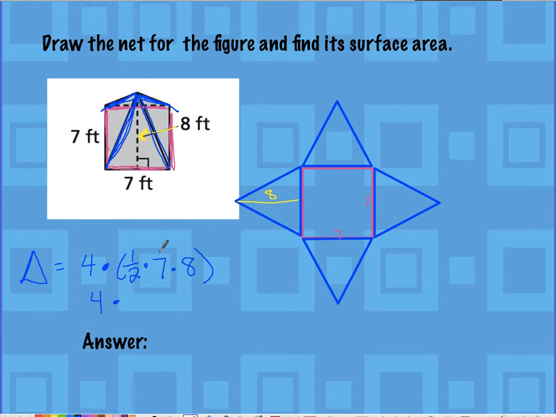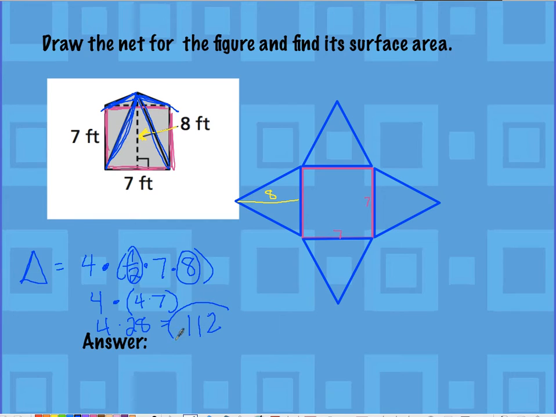I'm going to move this around and do 1/2 times 8 first, because that's easier than taking 1/2 of 7. And I can do that because it's multiplication. So I have 4 times 4 times 7. So I have 4 times 28. And 4 times 28, well, 8 times 4 is 32. Carry the 3, 2 times 4 is 8, plus 3 is 11.